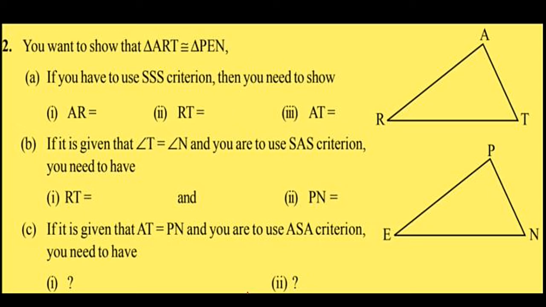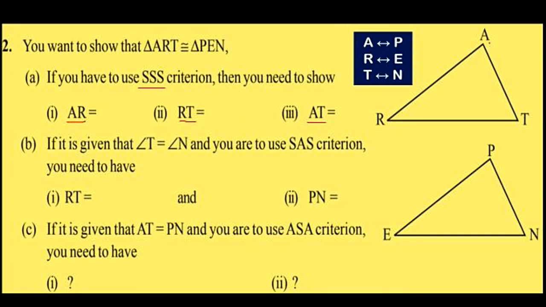Next question, question number 2. You want to show that triangle ART is congruent to triangle PEN. If you have to use SSS criterion, then you need to show SSS. Here you can see one side, two sides and three sides. So they must be equal to the three sides of the second triangle. Let us first decide the congruent vertex.